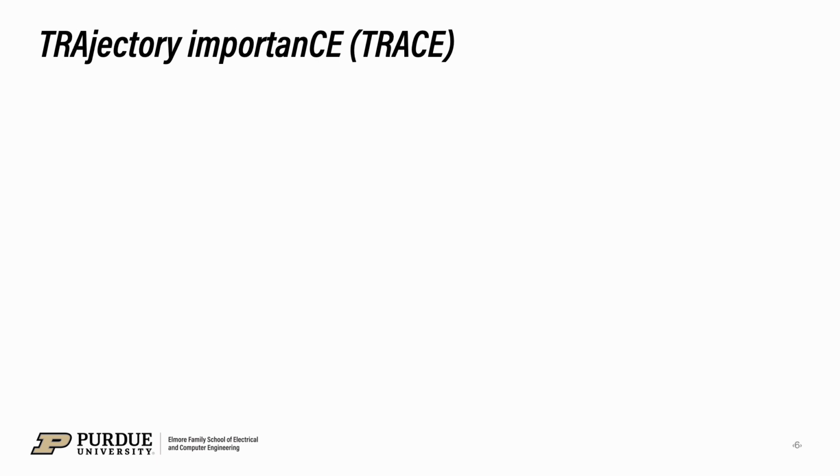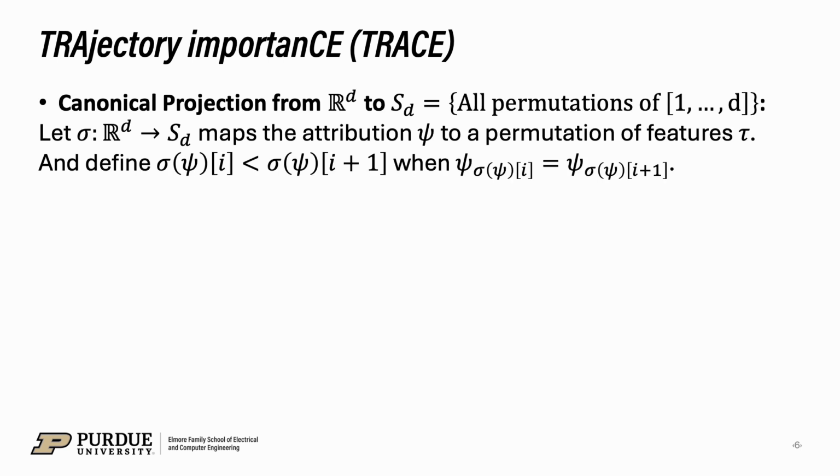In this work, we propose trajectory importance, aka TRACE, to solve this previously infeasible problem. First, we build a canonical projection from the d-dimensional Euclidean space to the symmetric group S sub d. It maps the attribution psi to a unique permutation tau. Then there exists an equivalence relation R between attribution maps.